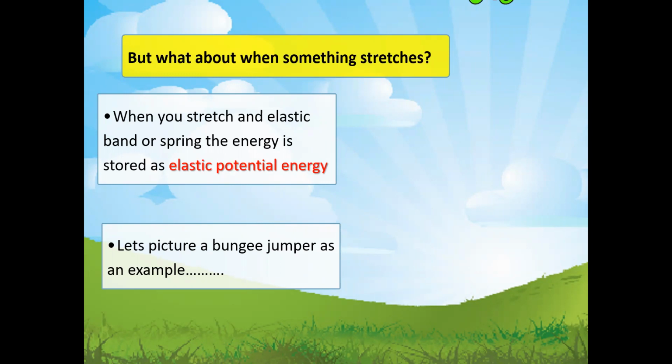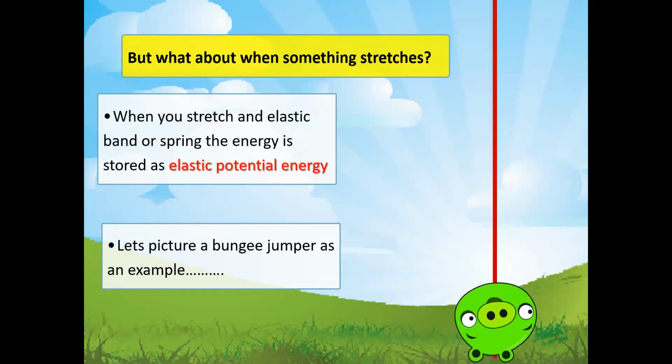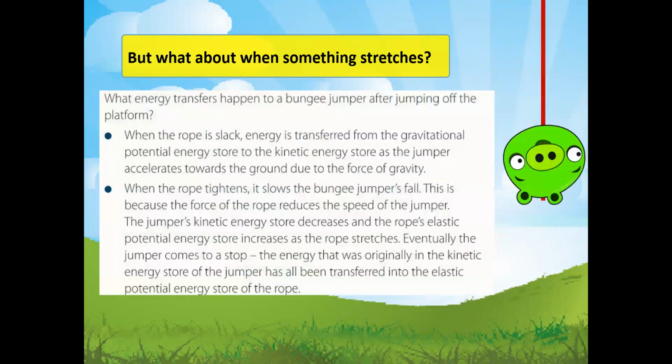Stretching objects are any objects that can stretch, like a bungee, rope, or spring, and they store elastic potential energy. If you look at this picture, it is a bungee jumper. It's an example of elastic potential energy.